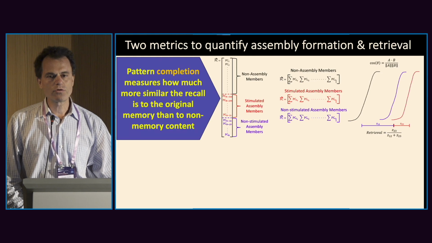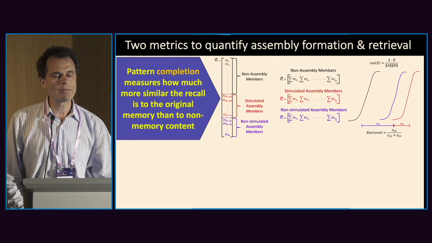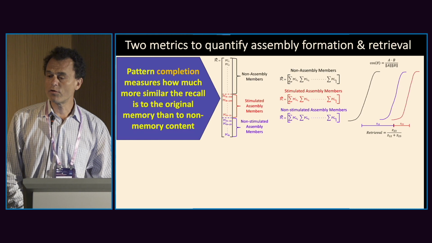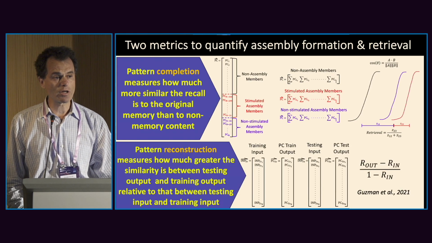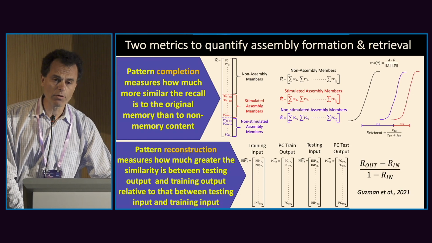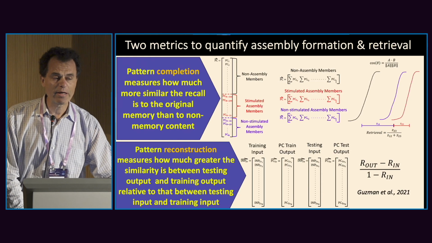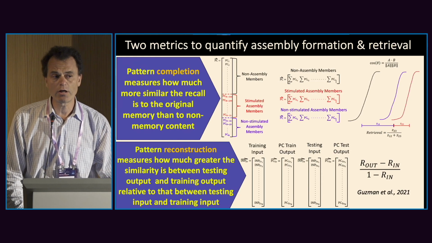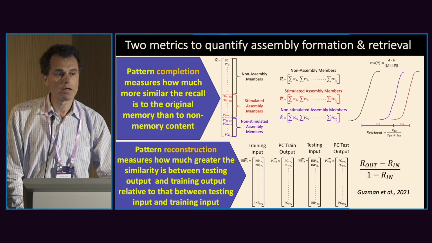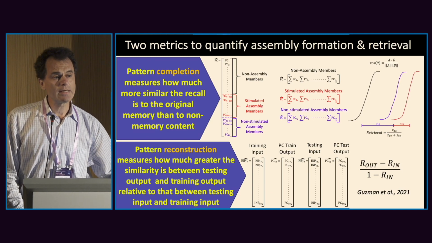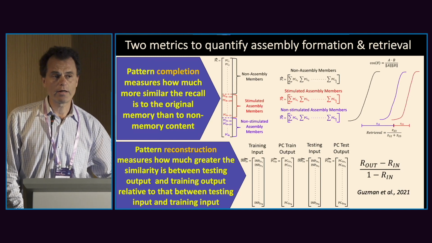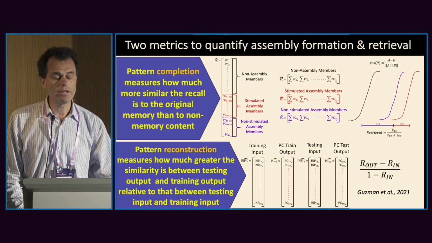Another alternative is to use a different protocol, which is also sometimes called pattern completion. To avoid confusion, we call that pattern reconstruction. This is the protocol that is used, for example, in the experimental lab of Peter Jonas in Austria, where his postdoc, Guzman, basically distorts the activity of neurons in the mouse.